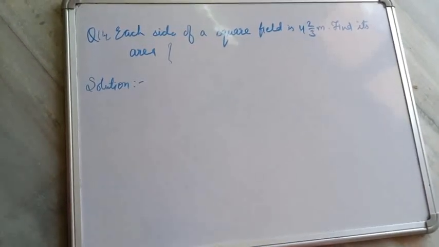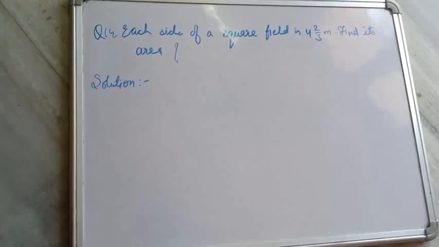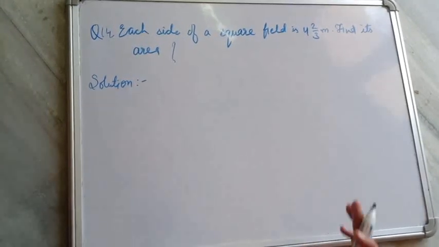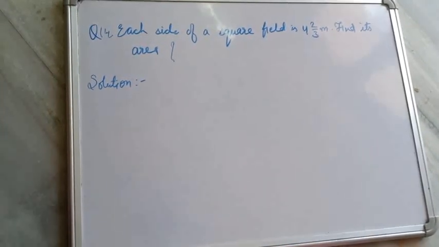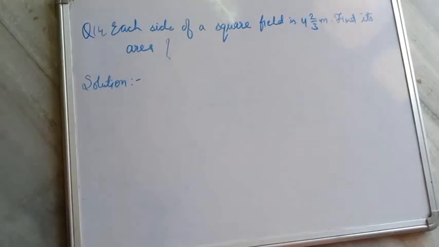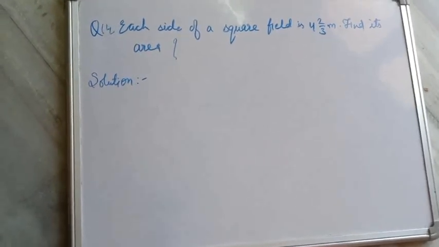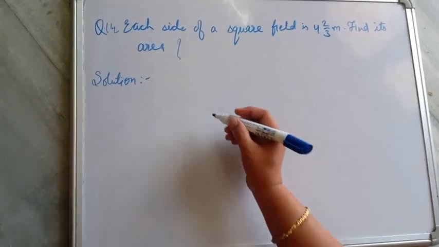Question number 14 is, each side of a square field is 4 2 by 3 meter. Find its area. So side of square is given to us and we have to find its area. As we have studied, area of square is equal to side multiplied by side.